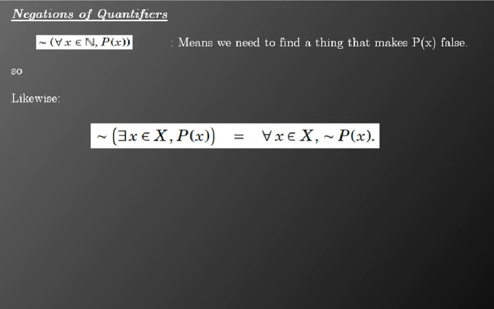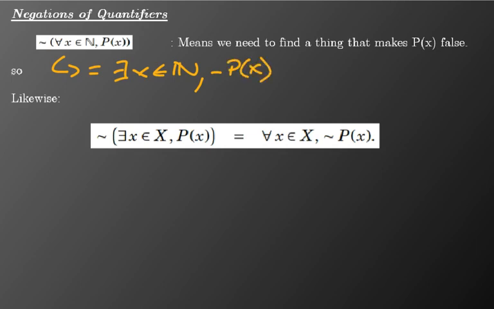If we want to negate for all x in the naturals, p of x happens, it really means we just need to find a thing that makes p of x false, right? So that means this should be equal to there exists an x in the naturals such that p of x doesn't happen, or not p of x.